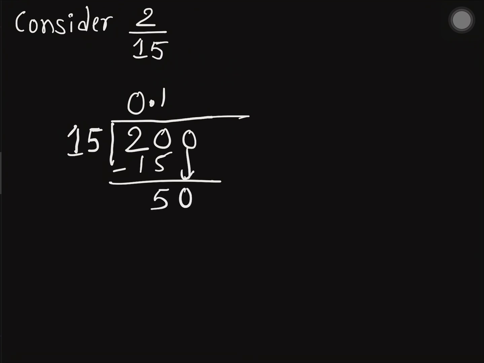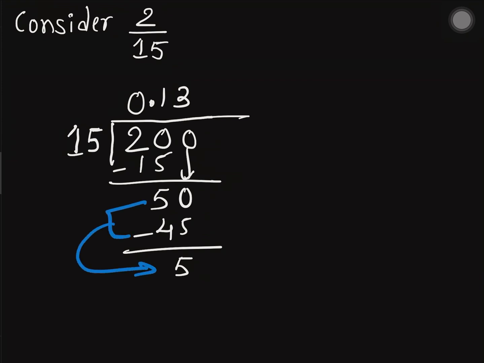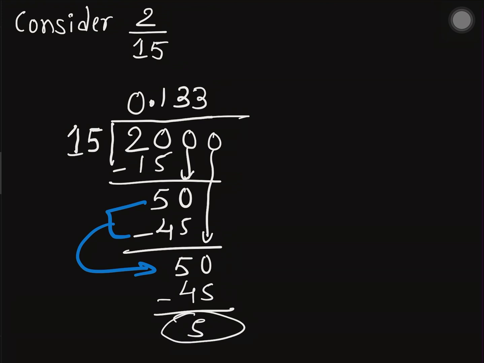Again put 0 here. So 15 threes are 45. So 50 minus 45 is 5. Now you can see the repetition of 5. So again put 0 here. So again 15 threes are 45 and so on. So the remainder is 5, which is not equal to 0.